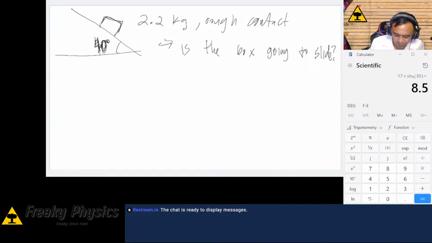Oh, I forgot to give you the coefficient of friction. So let's say the coefficient of friction is 0.5.